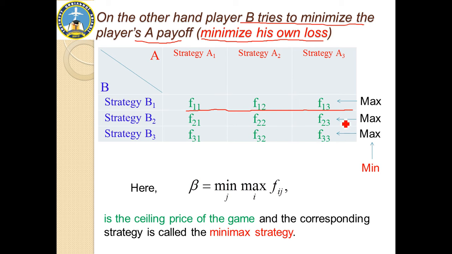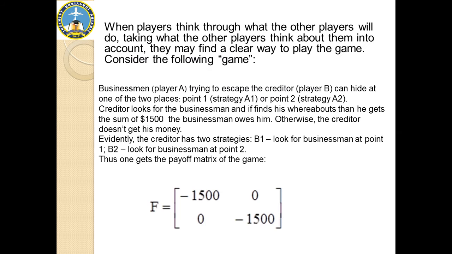So he finds the maxima across the rows of the matrix, and then picks the minimum of these maxima. The number obtained in this manner will be called the ceiling price of the game. Beta is the ceiling price of the game, and the corresponding strategy is called the minimax strategy. Again, we just spell out this formula: min-max, minimax. When we get to the example, this will become more obvious.